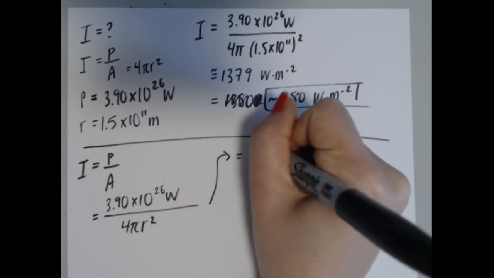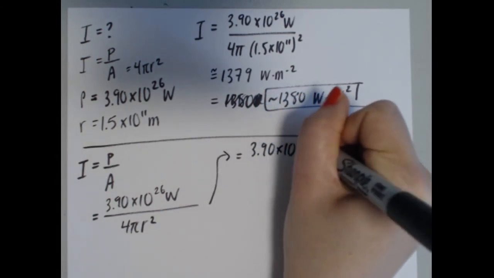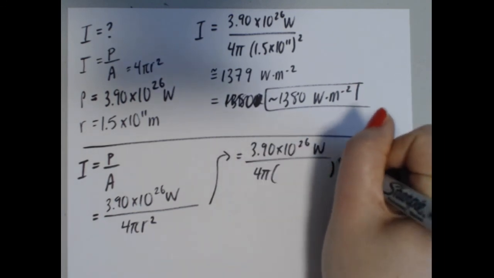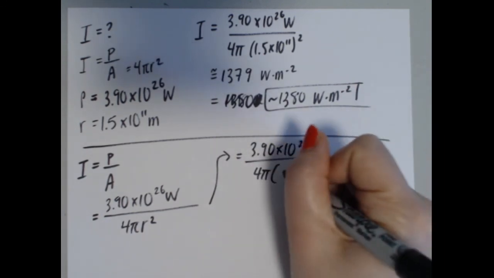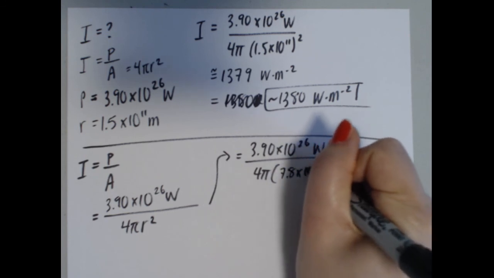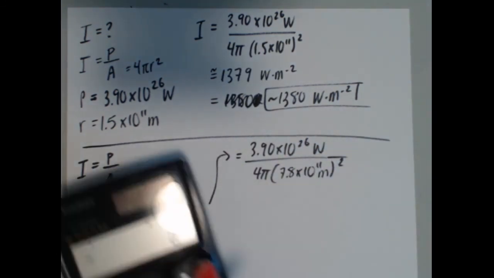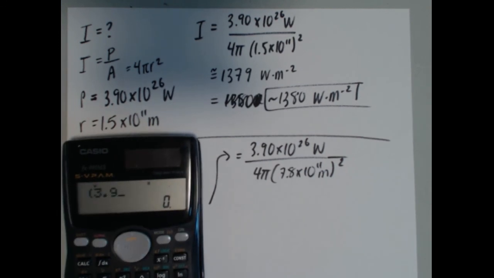So that's 3.90 times 10 to the 26 watts divided by 4 pi R squared, where my R value is 7.8 times 10 to the 11 meters. That's it. So grab your calculator: 3.9 times 10 to the 26 divided by 4 pi times 7.8 times 10 to the 11 squared.